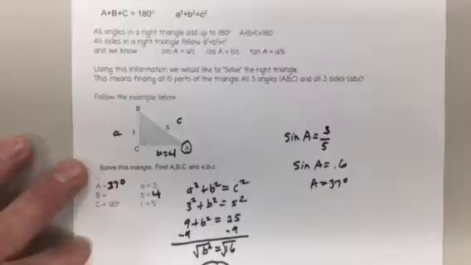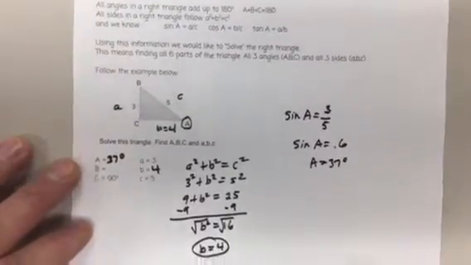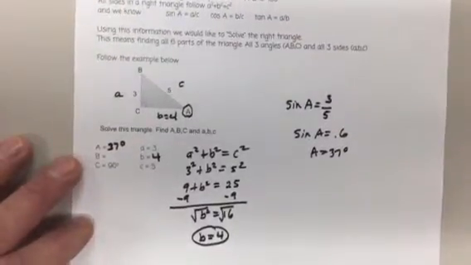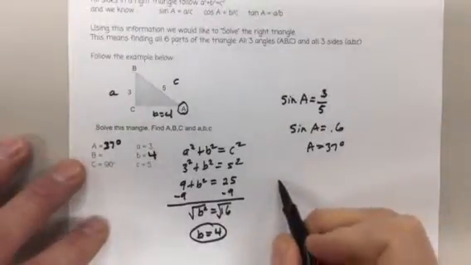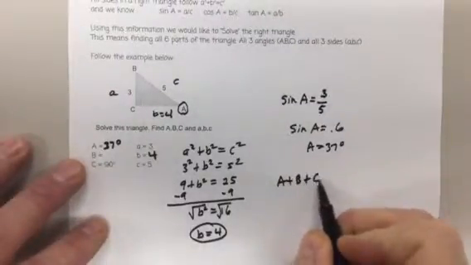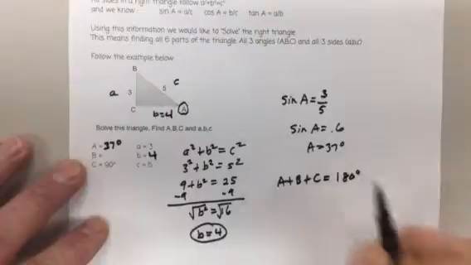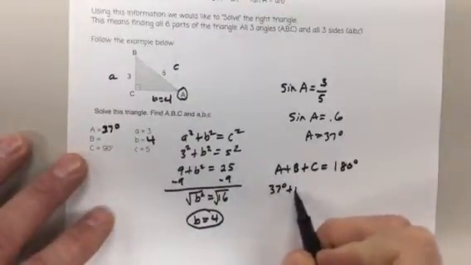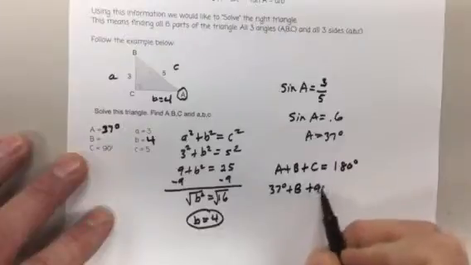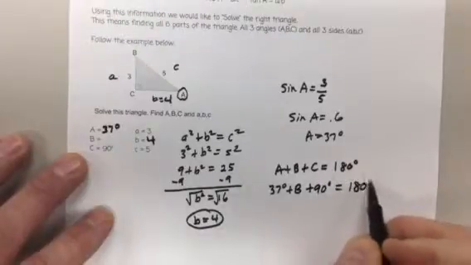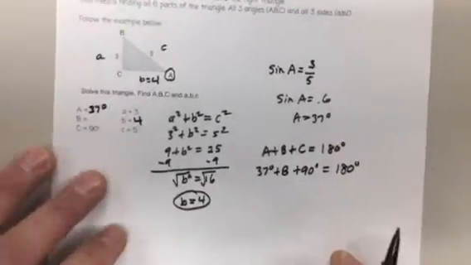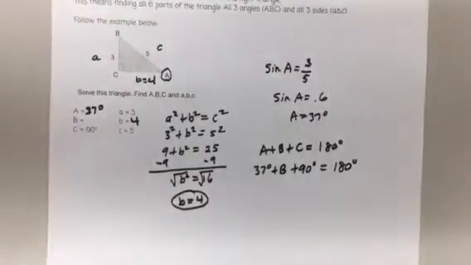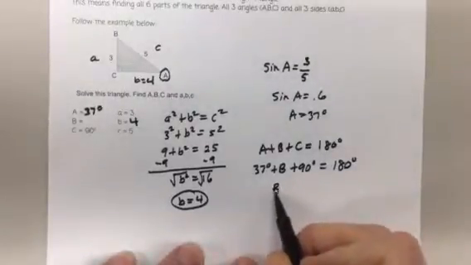Now I'm only missing one angle, that's angle B. And we know that all 3 angles have to add up to 180 degrees. A is 37, B I don't know yet, and C is always 90. So I can add 37 and 90 together. 37 and 90 is 127.